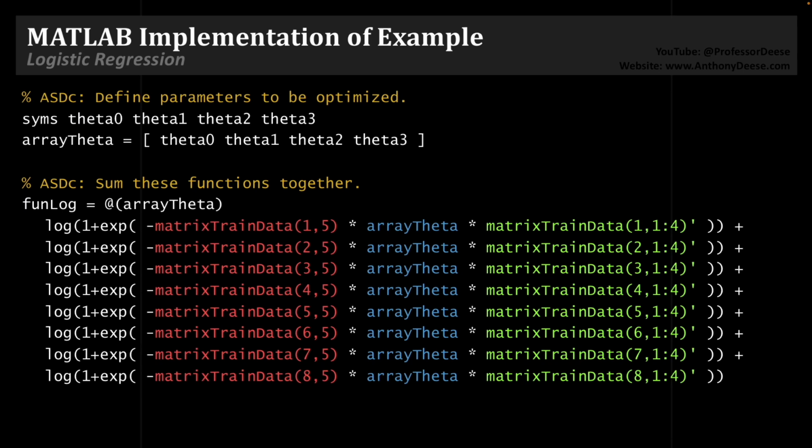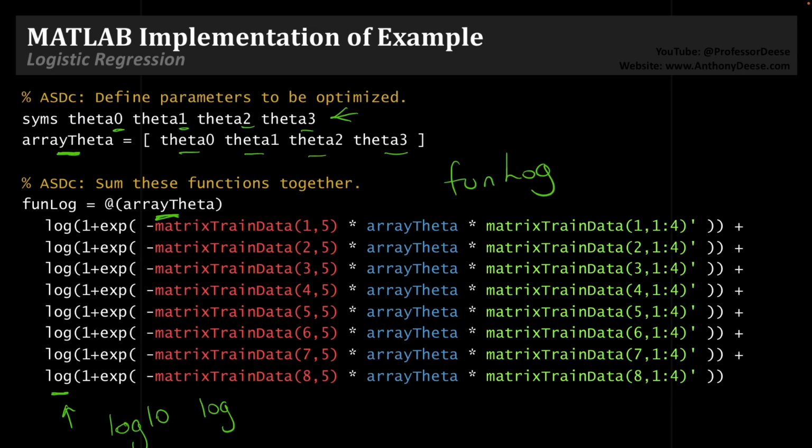Now let's take a look at the MATLAB that we used. So this is the second piece of that script. What I did was I defined symbolic variables corresponding to the 4 parameters, theta 0, theta 1, theta 2, theta 3, and then I compiled all those together into an array. Then I created a function, which I called function log. It is a function of the symbolic array, which we called array theta, and each one is natural log. Remember that MATLAB uses the symbol log10 for log base 10, and log denotes natural log, actually.